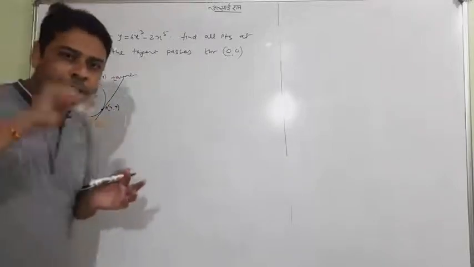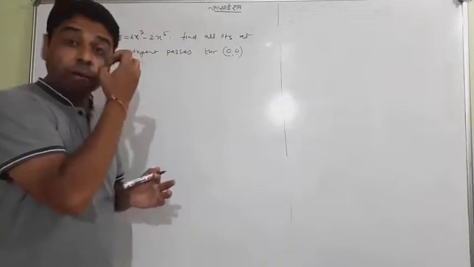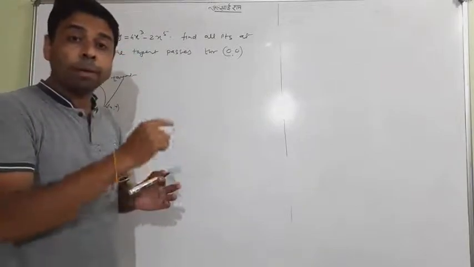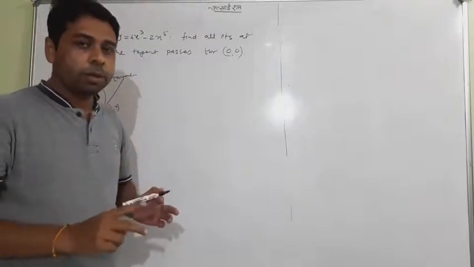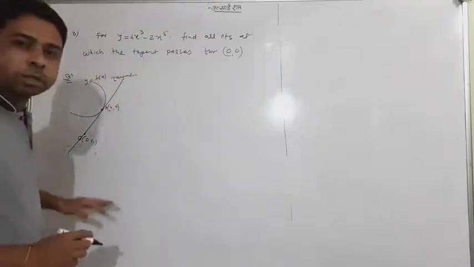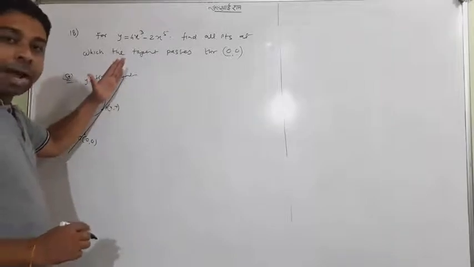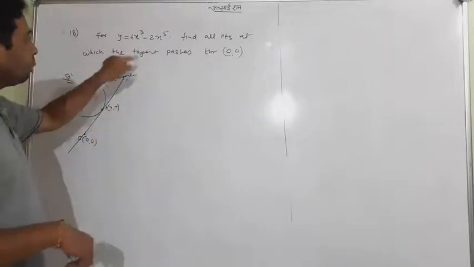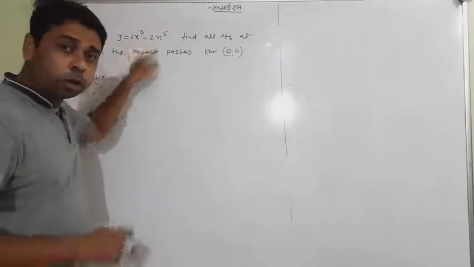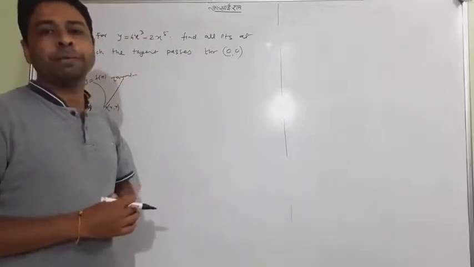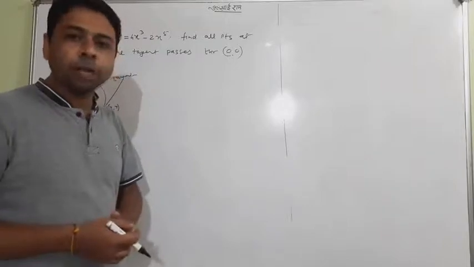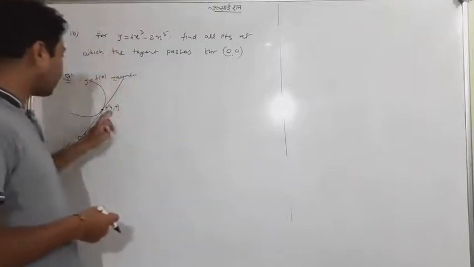Whenever a line passes through two points, we can find its slope using m equal to y2 minus y1 upon x2 minus x1, the two point form. Also we can find the slope of the tangent by differentiation. So we will use both kinds of slope conditions and make them equal, and by equality we can find the point x and y.